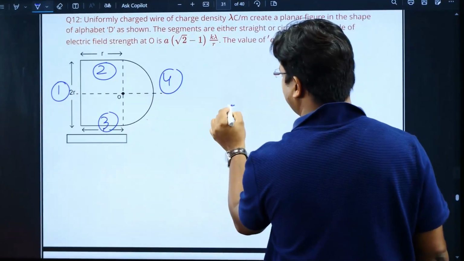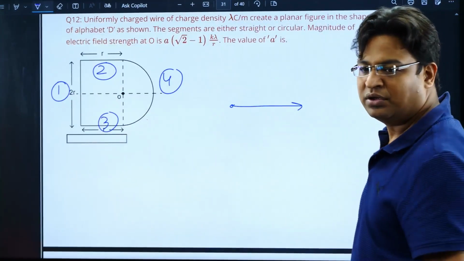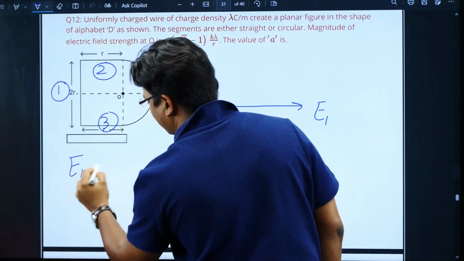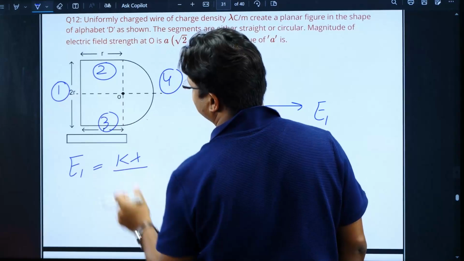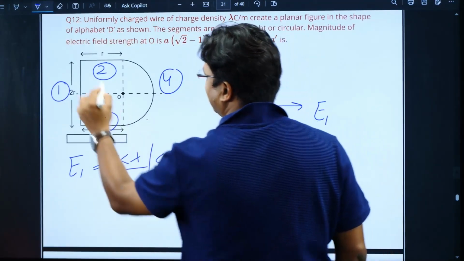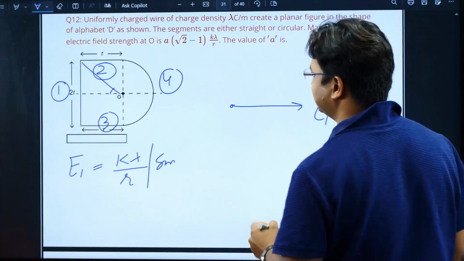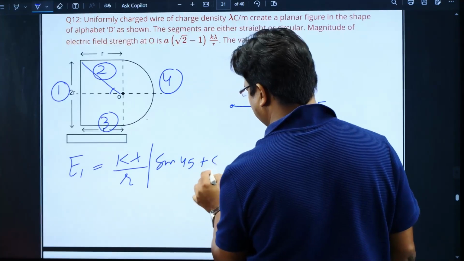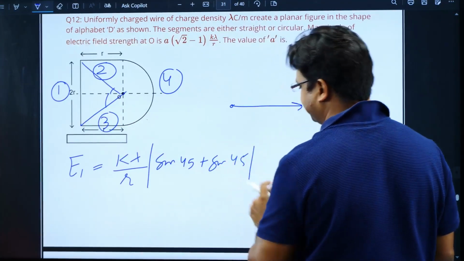So the first segment will only create an electric field in this direction. Let me call this E1, and what will be the magnitude of this? The general formula is k lambda by r, where r is this distance, and then mod of sine of this angle, which would be 45 degrees, and then plus sine of this angle, which is again 45 degrees.